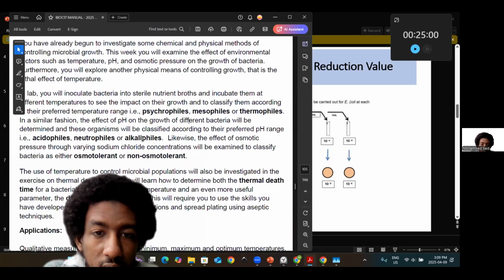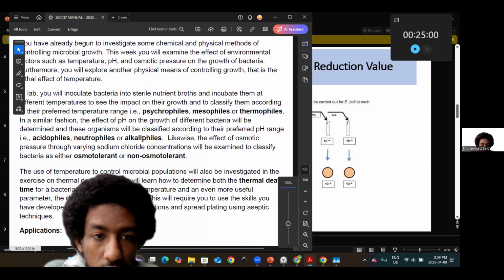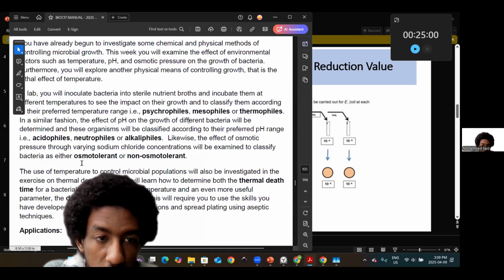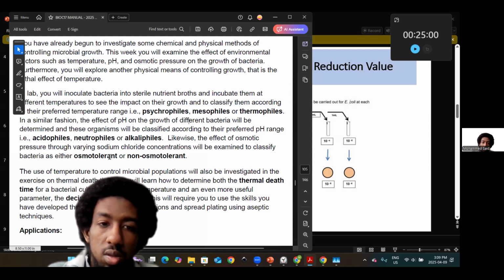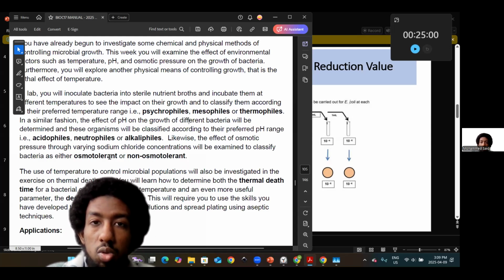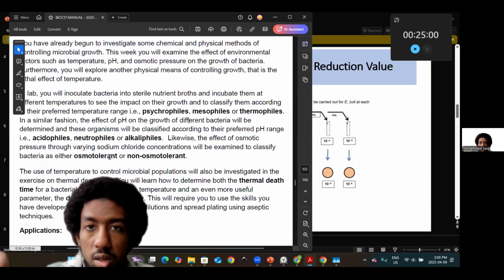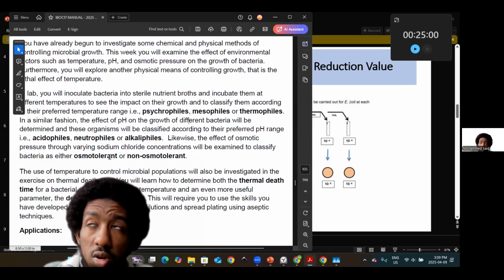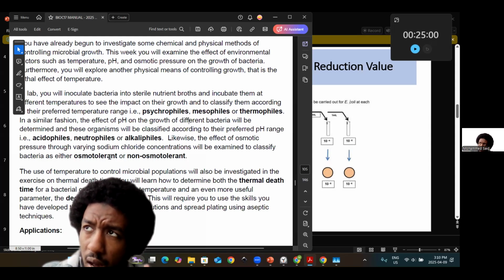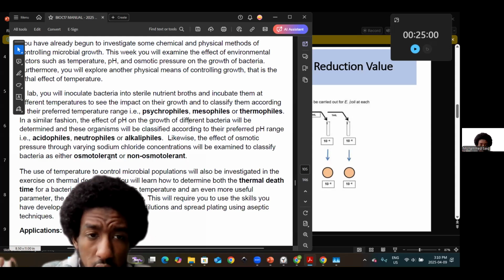And then for osmolarity, salinity or osmotic pressure, you have bacteria that are considered osmotolerant, i.e., they're able to survive and grow at high osmotic pressures, meaning higher solute concentrations.